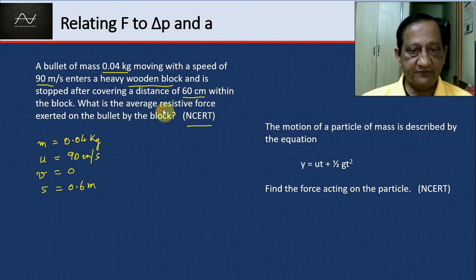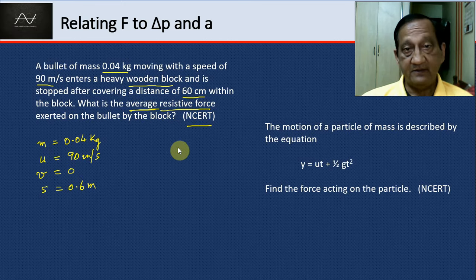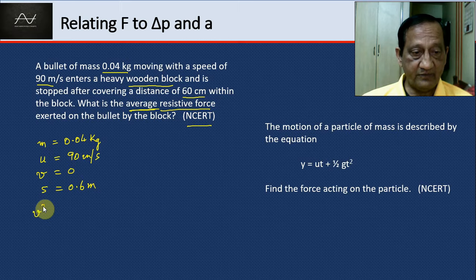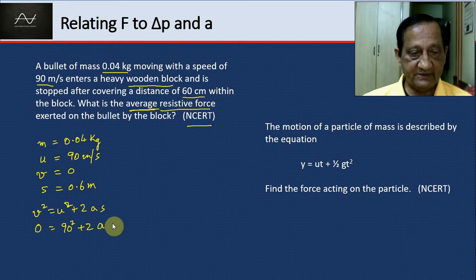To know the force, we should know the acceleration. Average means we can take the acceleration to be constant. In such a case, we can apply v squared equals u squared plus 2as. V is 0, u is 90, so 0 equals 90 squared plus 2 into a, where a is unknown, and s is 0.6.